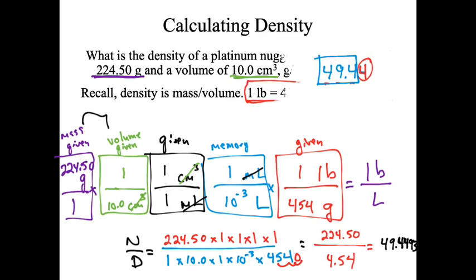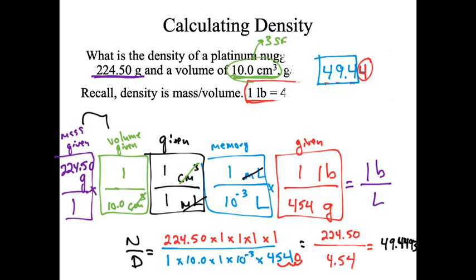So the question that I would then ask is, why is it 49.4? We have to go through and evaluate the sig figs of everything that was used through the calculation. When we go back and take a look at this 10 centimeters cubed, how many sig figs do we have? 3 sig figs.